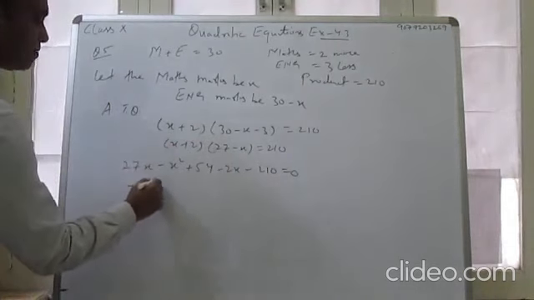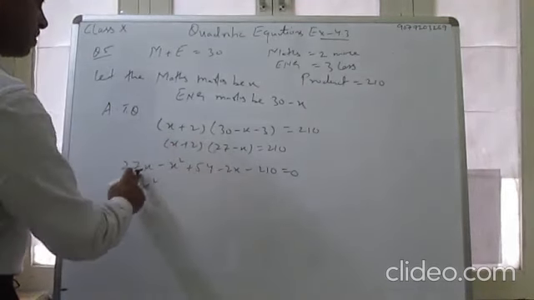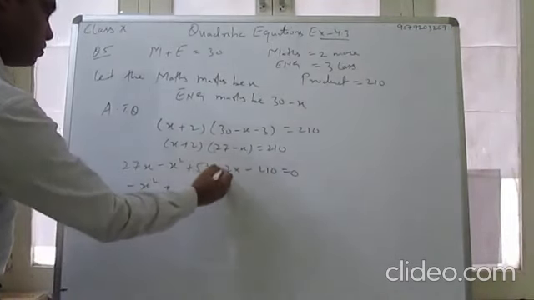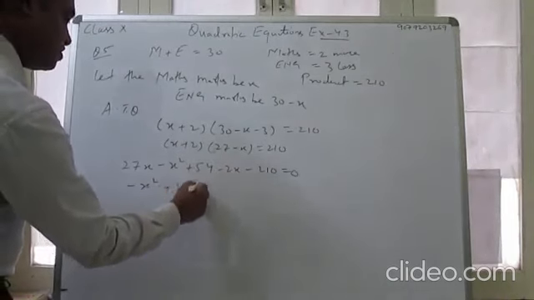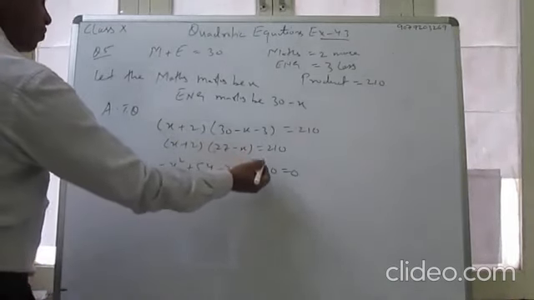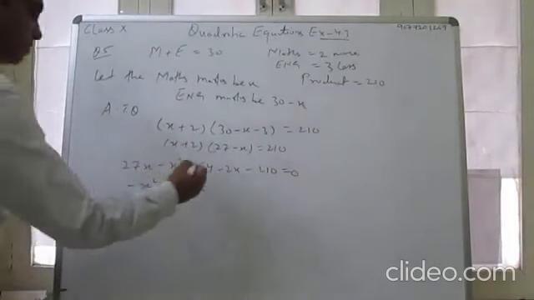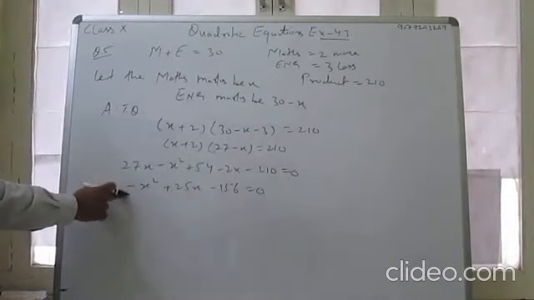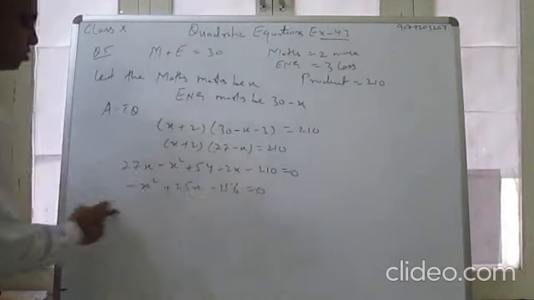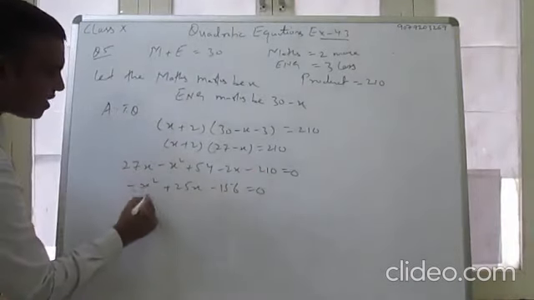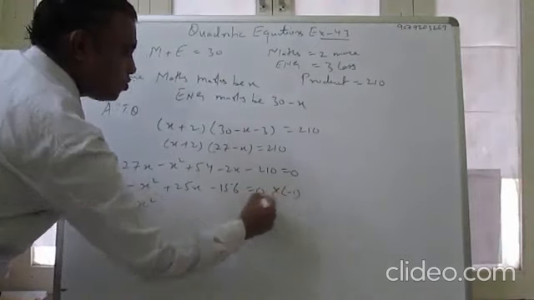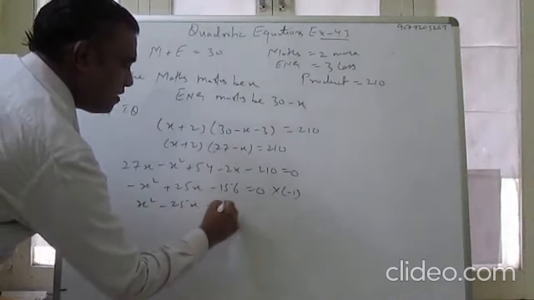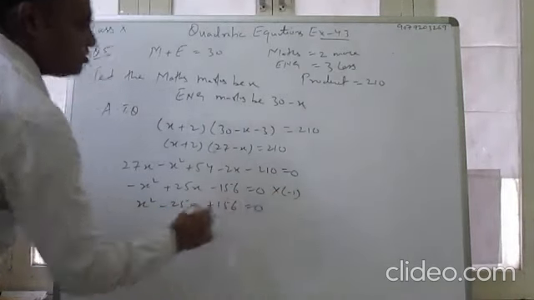Now minus x square, and minus 2x plus 27x is 25x. 210 minus 54 leaves 156. Now my x square is negative, so we multiply both sides by minus 1 to make it positive: x square minus 25x plus 156 is equal to 0.